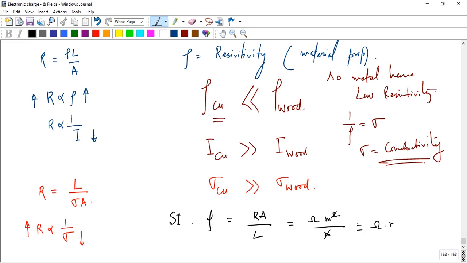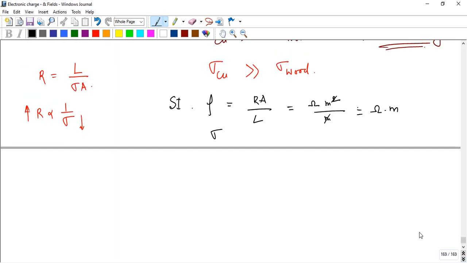Similarly, conductivity is the inverse of resistivity, so it is 1 over ohm meter. The inverse of ohm is mho, M-H-O, that is the symbol of mho, and 1 by meter means meter to the power minus 1. That is the unit of conductivity.